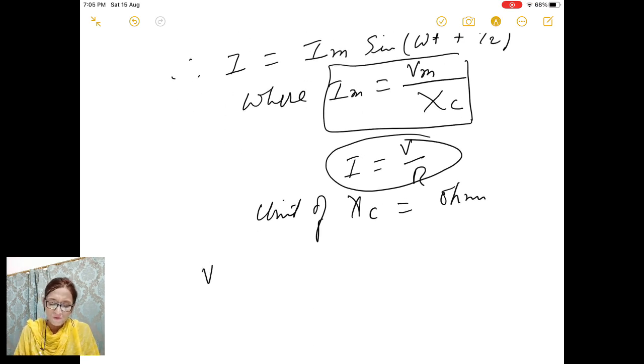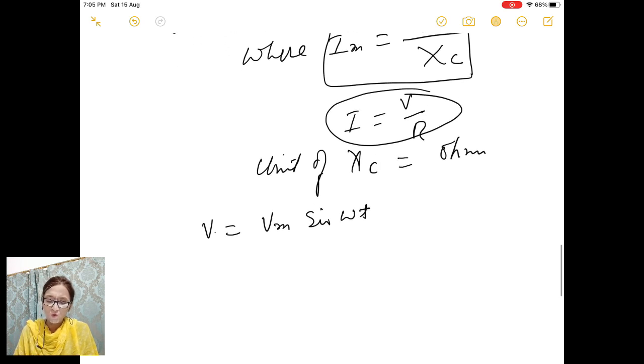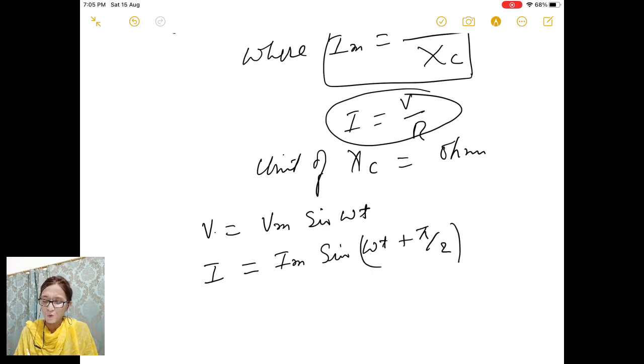So you have two equations. You were given the instantaneous voltage, which is equal to Vm sine omega t, and you obtained the instantaneous current, which is equal to Im sine omega t plus pi by 2.